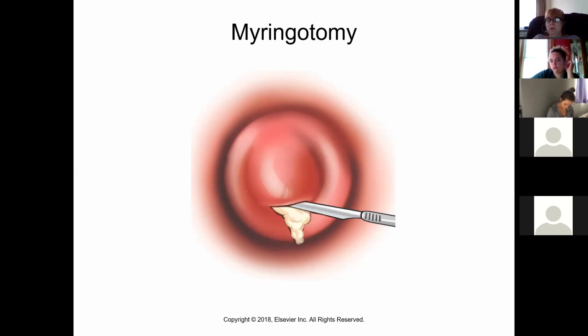So again, they don't do it often, but if they think the eardrum is going to burst, they will do this prophylactically so that they can get the infection out, put 1 or 2 stitches in, and then the eardrum heals itself back up after the infection has been removed. They will also then culture whatever has come out of the drainage, and they can get a better sensitivity of what antibiotics are going to work for it.